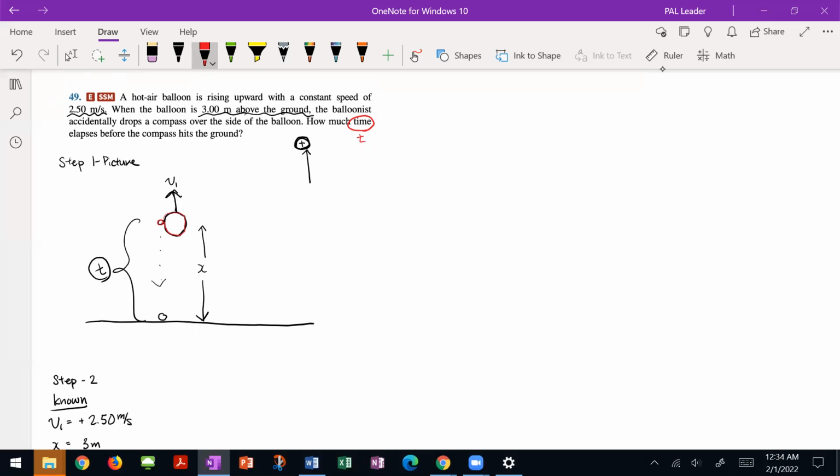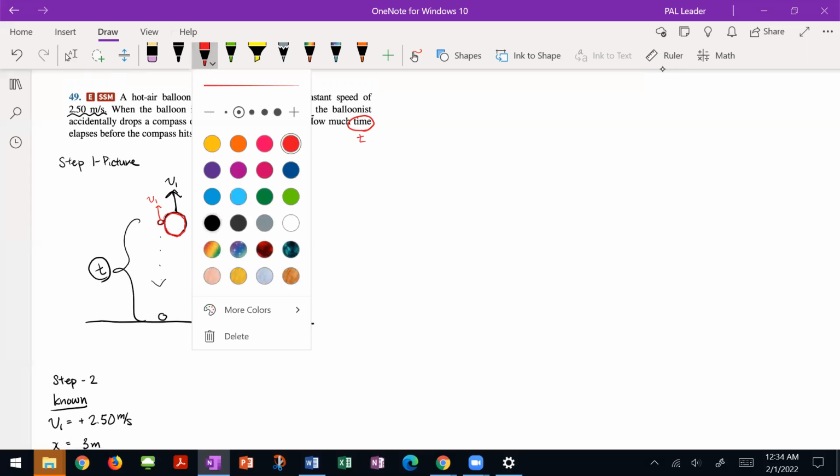You think, well, since the compass is dropping, it doesn't have an initial velocity. You would think it's a free fall, but it's actually not a free fall. Since this compass was moving with the hot air balloon previously, it still has that upward initial velocity of V1. So that is the concept of this problem.